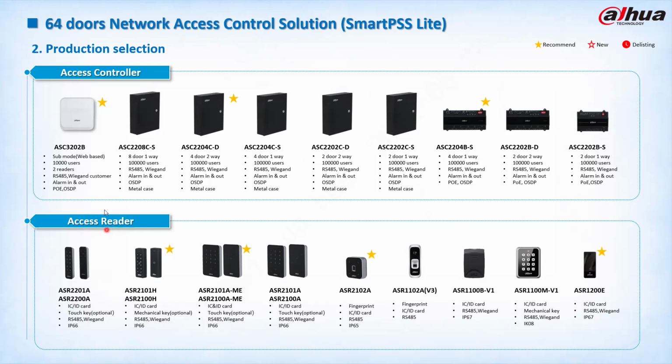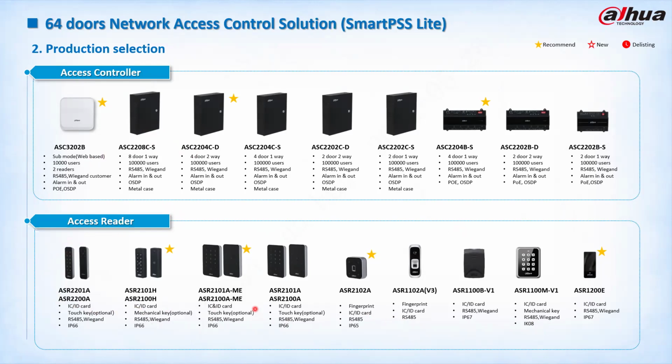For the access readers, which must be used with these controllers for effective door verification, either by fingerprint, card, password, or Bluetooth as well, we have these access control readers. We have a variety of them that come with different card support and other features such as Bluetooth, and other mechanical options such as a keypad to key in the password.